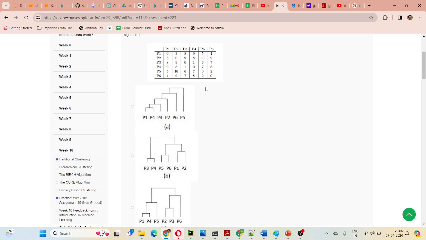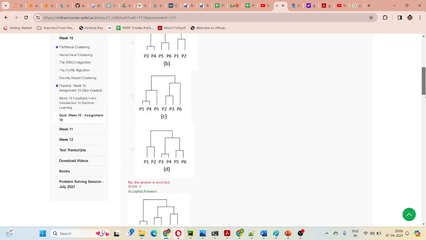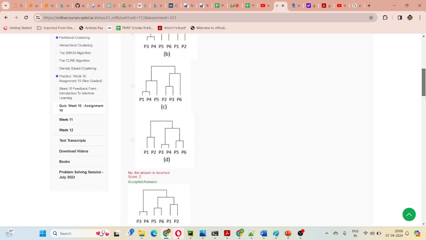See option D. I am getting this particular clustering: P3 P4 first, then P5 P6, so then I'll have to see P1 actually, and maybe correct that.